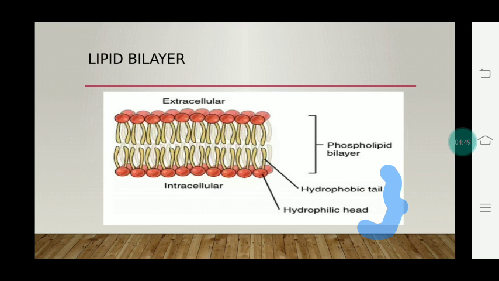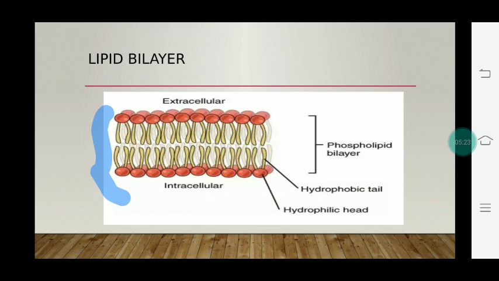Any structure having two types, hydrophilic and hydrophobic in nature, is called amphipathic. Clear? What is amphipathic? Now, the polar head groups are in contact with the intracellular or extracellular aqueous phase.